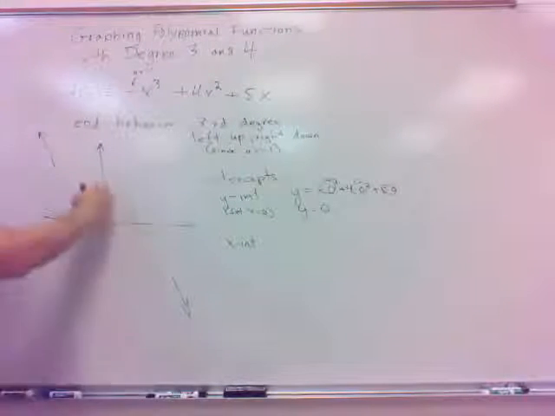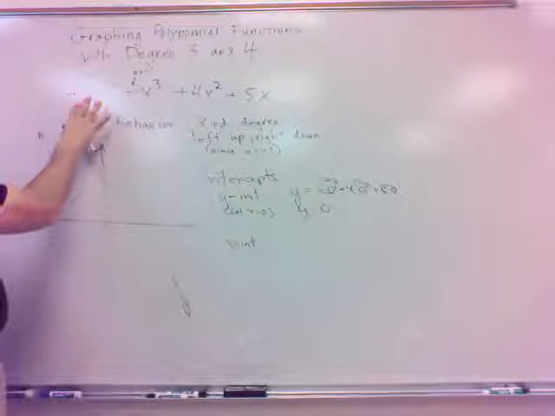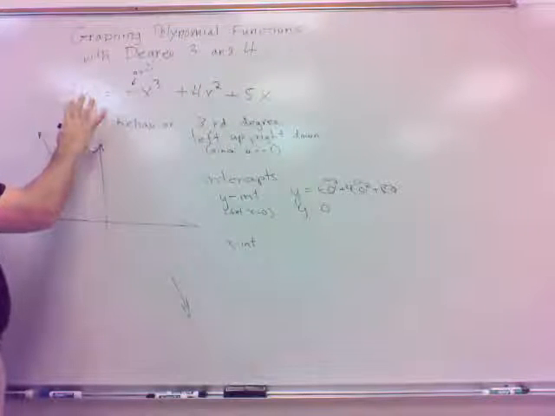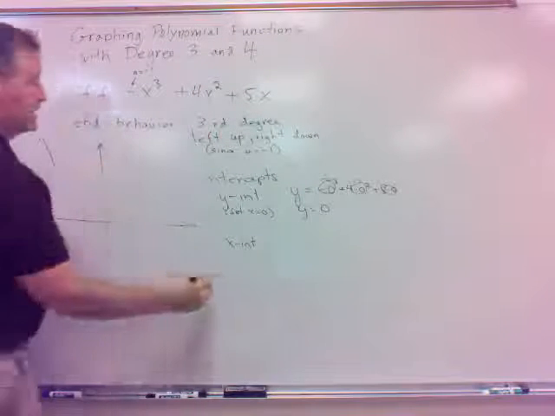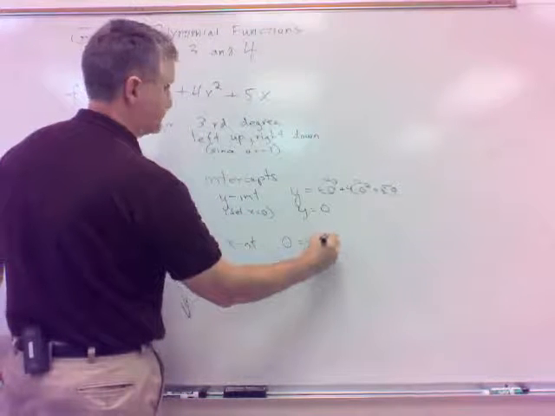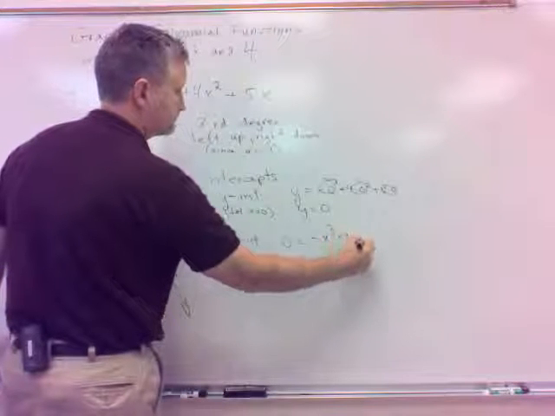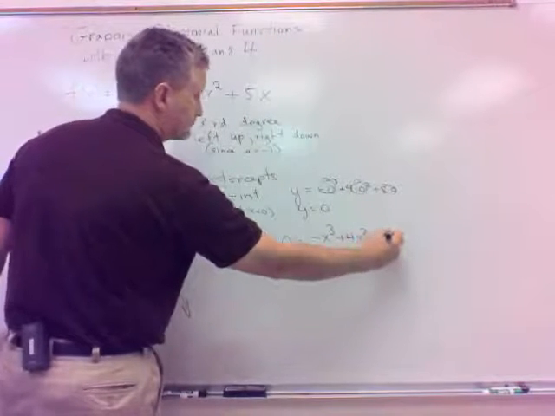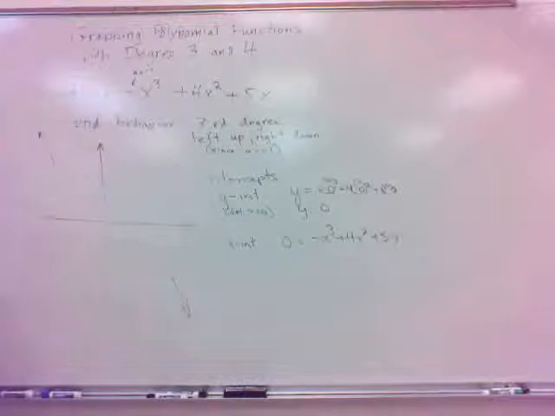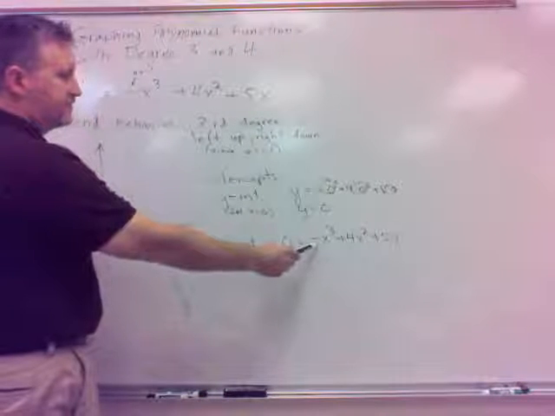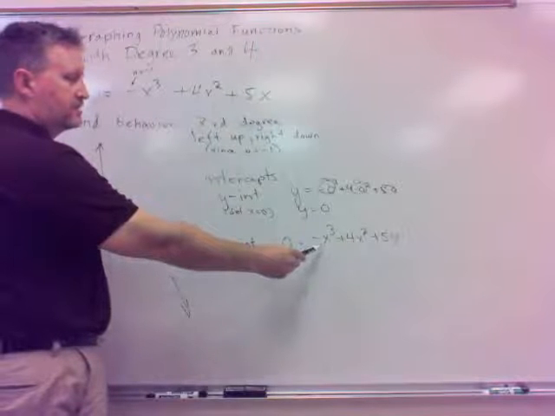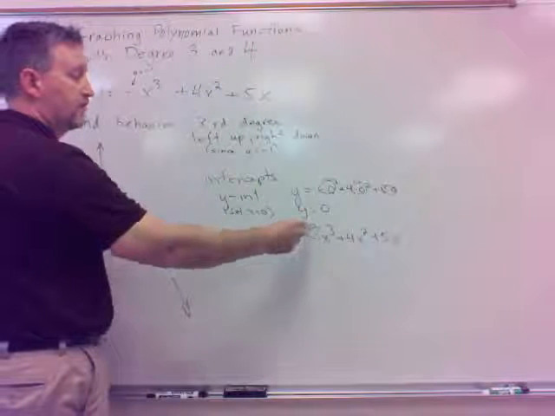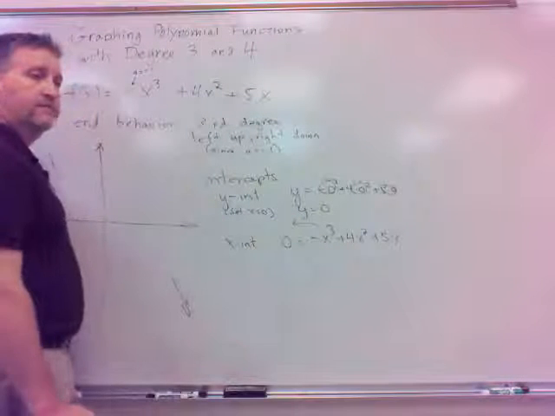The x-intercepts, well, that's a little bit more involved. For the x-intercepts, what do we do? We set y to be 0, which in this case, f of x, playing the role of y. So we set f of x to be 0. Okay, and my suggestion here is if the leading term is negative, let's move all the terms over.